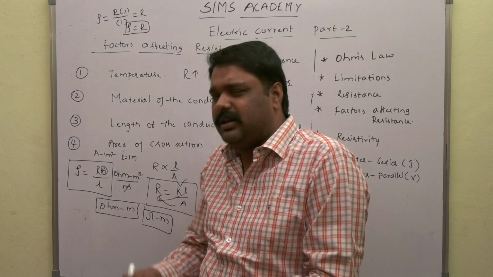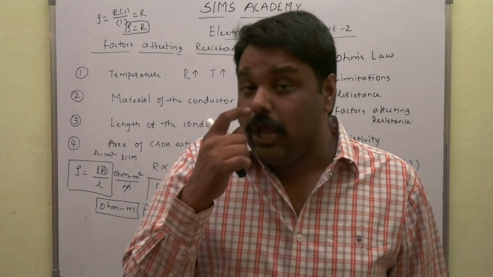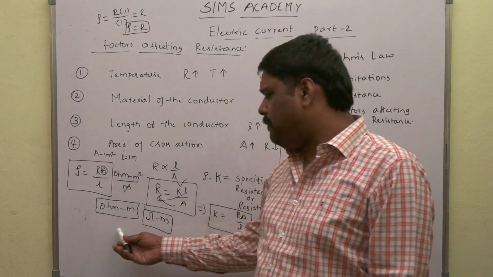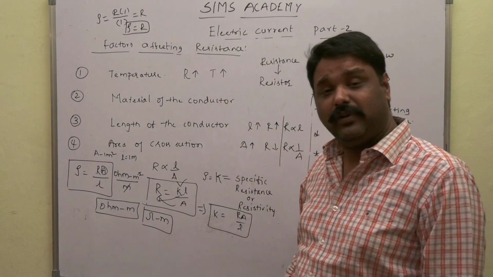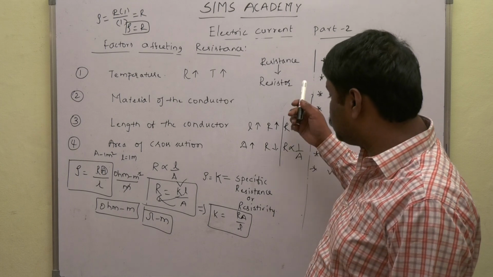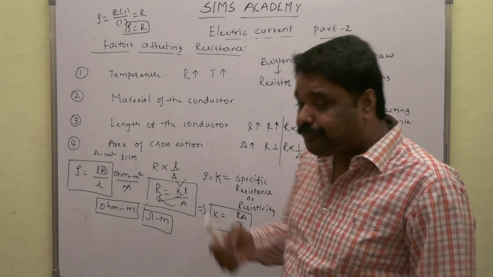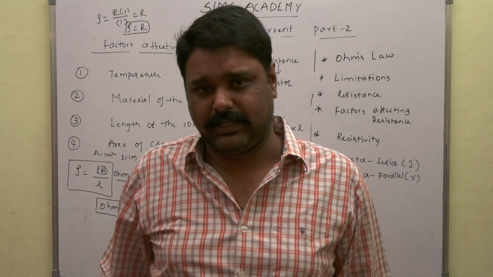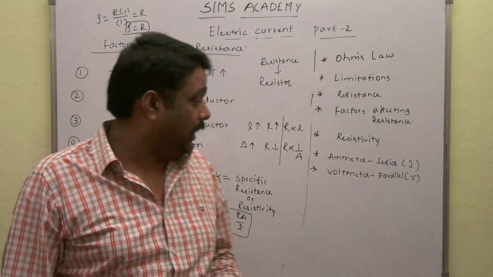Hence we define it as the resistance of a conductor of unit length and unit area of cross section. And what are the units for specific resistance? Ohm meters. And what are the units for resistance? Ohms. Ohms are V by I, volts per ampere. Okay?